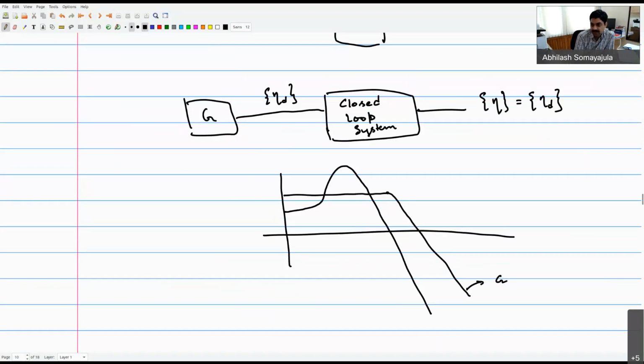Is that a good thing or a bad thing? And why? If my closed loop system's transfer function looks like this, and the guidance module's transfer function looks like this, is this a good thing or a bad thing?